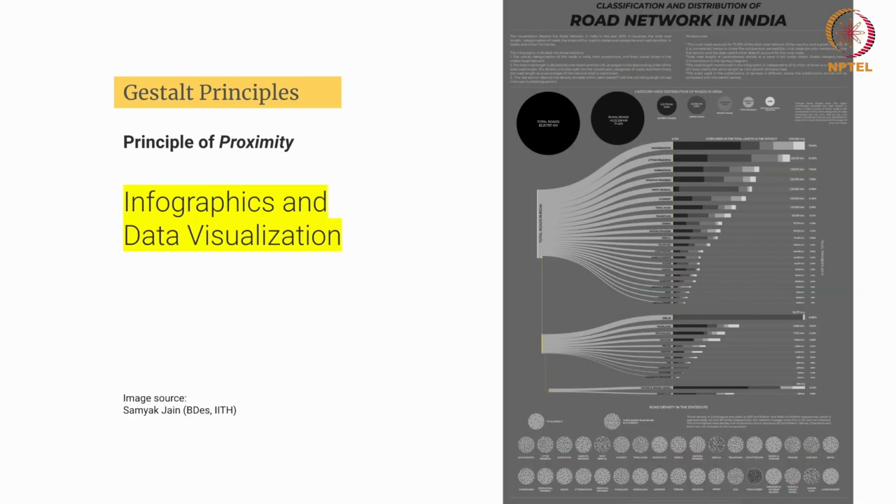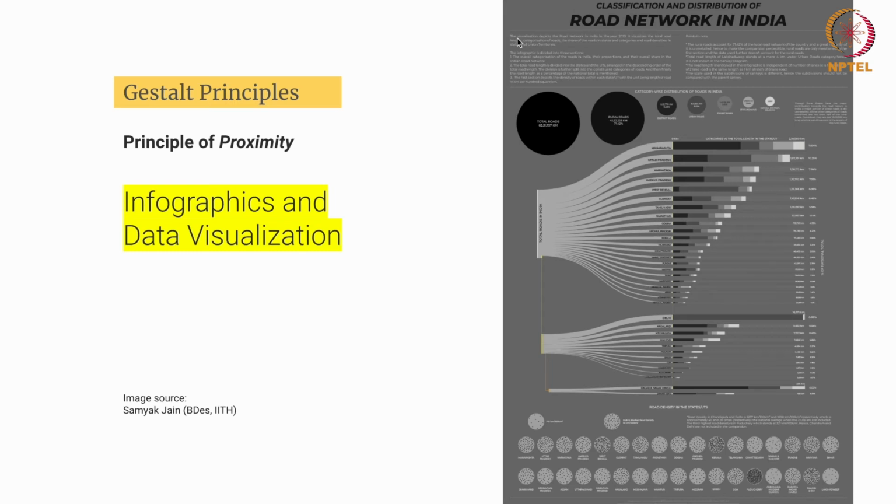Okay. Yes, so this is another example of how the idea of proximity is explored in the world of infographics and data visualization. This is done by one of the BDes students, Jane, of the Department of Design, IIT Hyderabad, and this shows the overall road network in India. So the classification and distribution of road network in India, and you can see how proximity is playing an important role in terms of information.